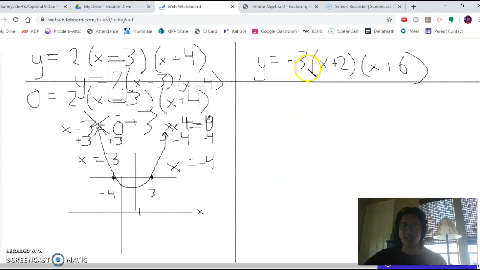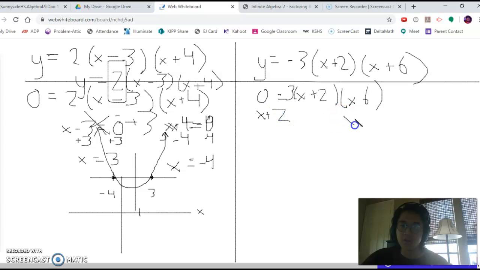Now, let's look at this right here. If we're going to set the equation equal to 0, we have x plus 2, x plus 6, and we have 3 in front as well. And now if the entire thing equals 0, what must each parentheses be equal to? 0. Wow, I'm really bad at drawing.